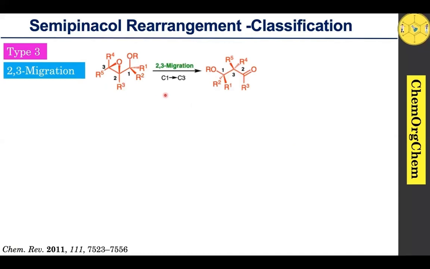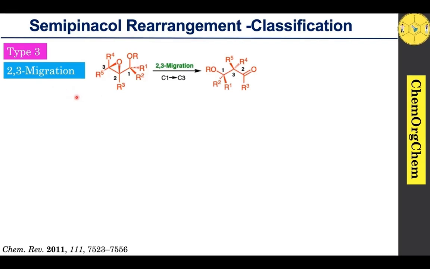Let's move on. Type 3 2,3 migration. The 2,3 migration takes place when the third carbon center is able to stabilize the carbocation intermediate or has more substituents on the third carbon, which usually undergo 2,3 migration in the semipinacol rearrangement reaction.